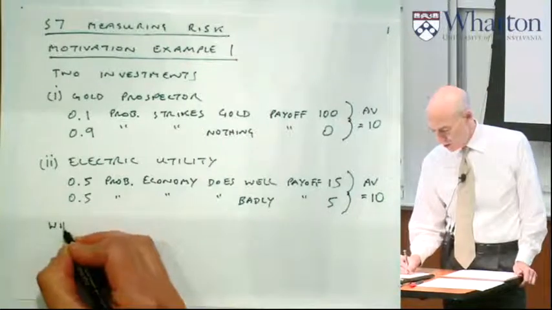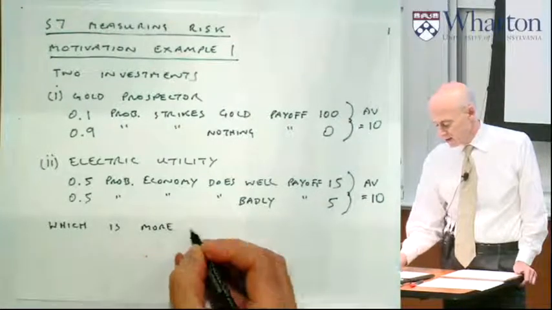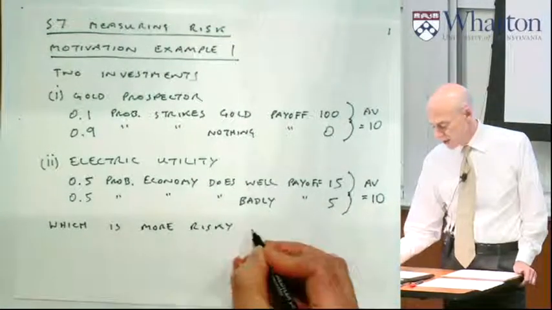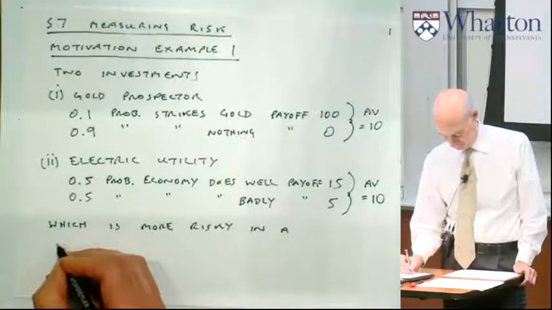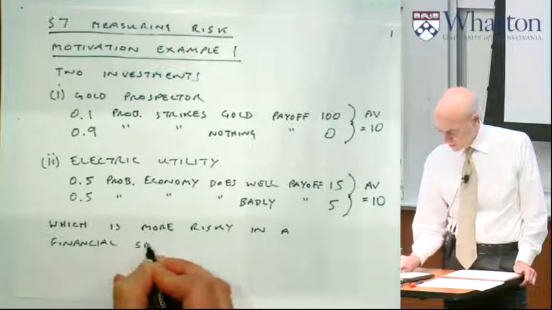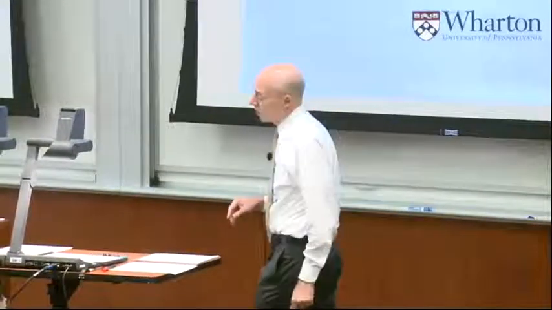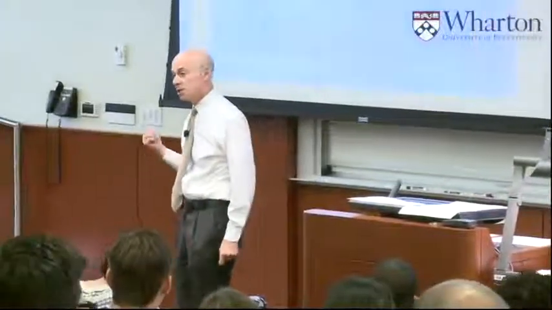Now the question we're interested in is which is more risky in a financial sense. The gold prospector, 10% probability of 100, 90% probability of 0? Or is it the electric utility with a 50% chance of 15 and 50% chance of 5?